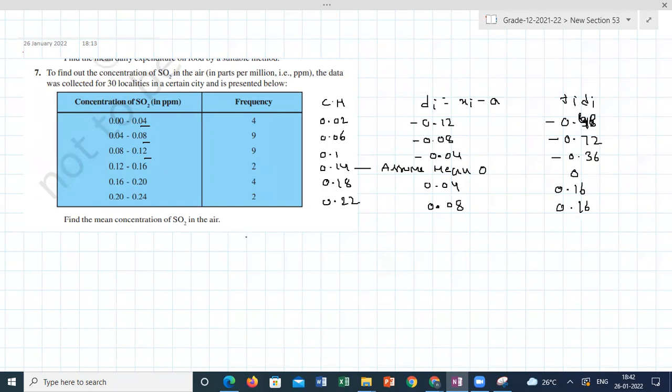So the frequency total sigma fi is 30. And what is the sigma fi di? Calculate and let me know what is the mean.